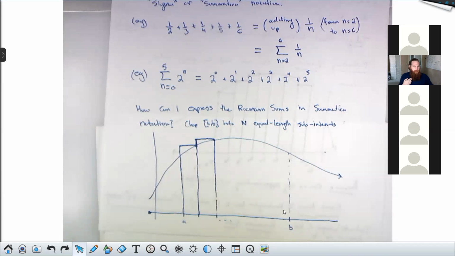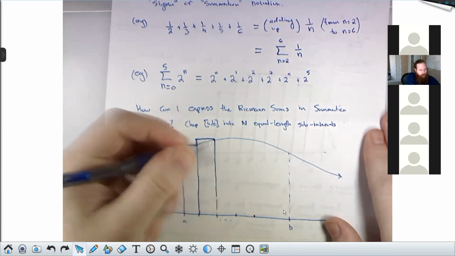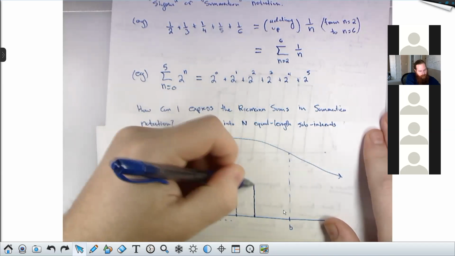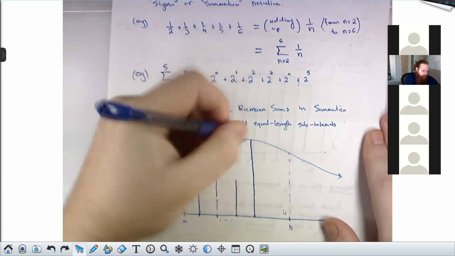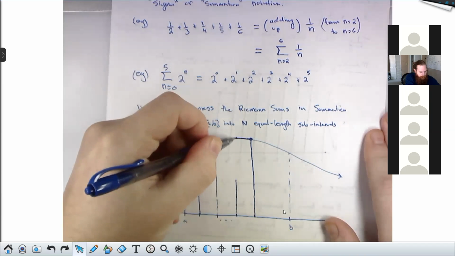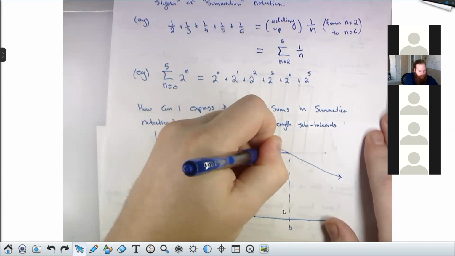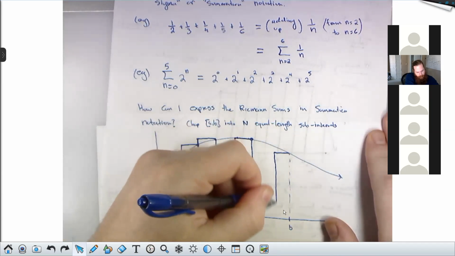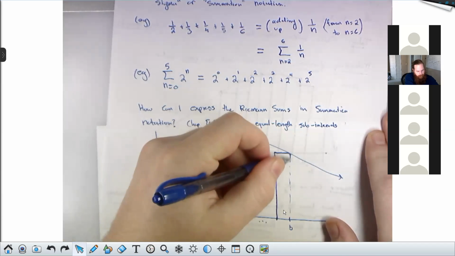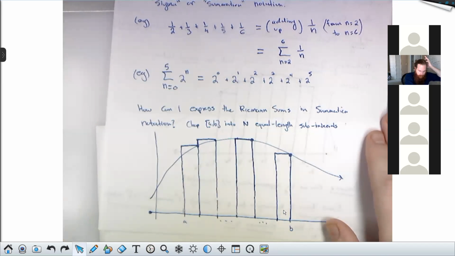So I don't want to draw the picture to have a specific number of rectangles, but there will be an arbitrary, or generic, one in here, which I'm going to call the ith rectangle. And then I'll have my last one over here, and there'll be some more dots.